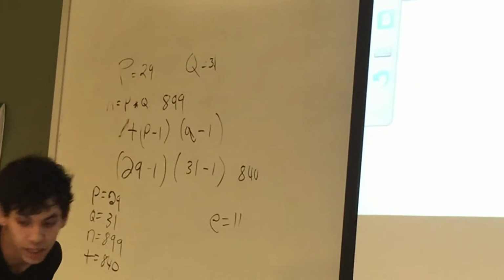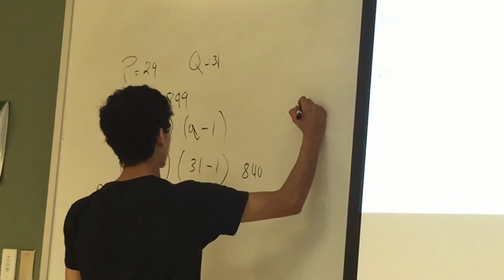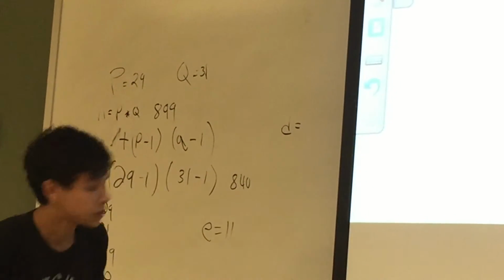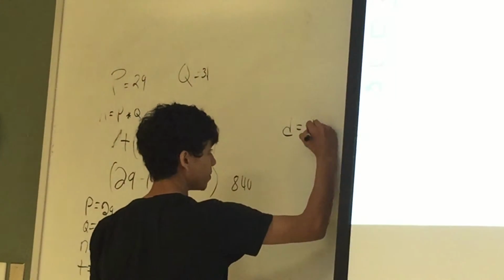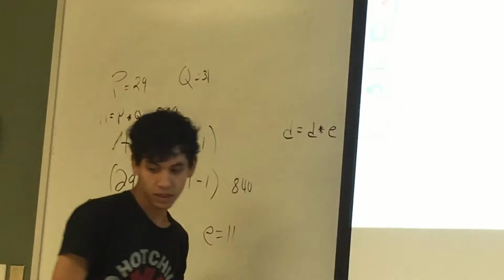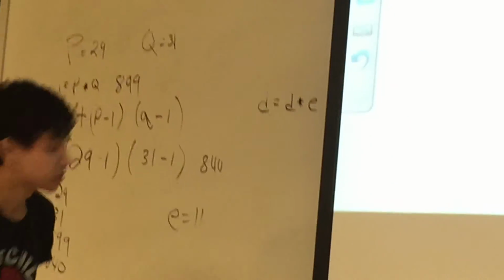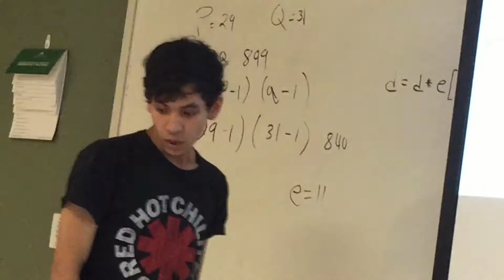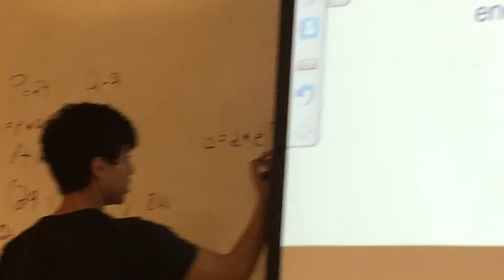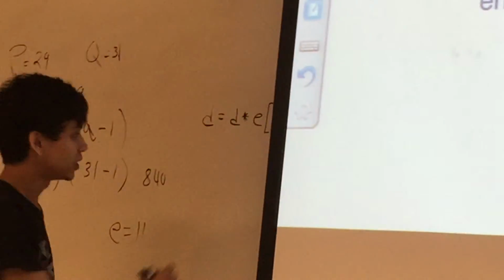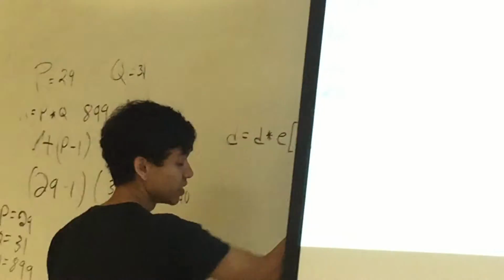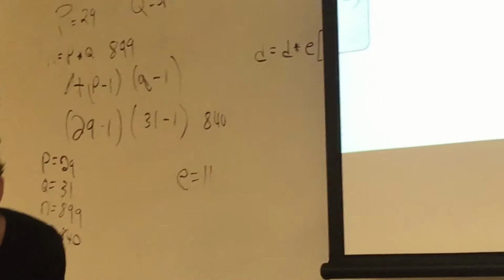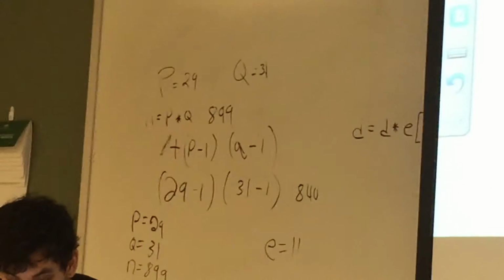And you find a D, such that D times E is congruent to 1 mod T. So with all of these variables, the public key becomes N and E, and the private key becomes N and D.